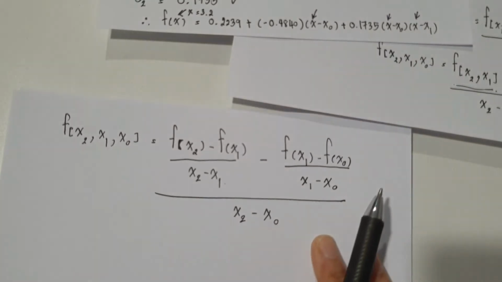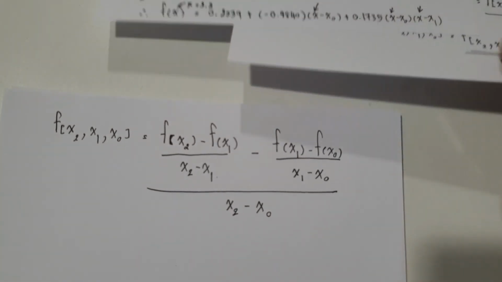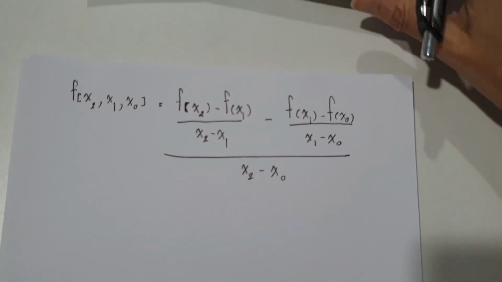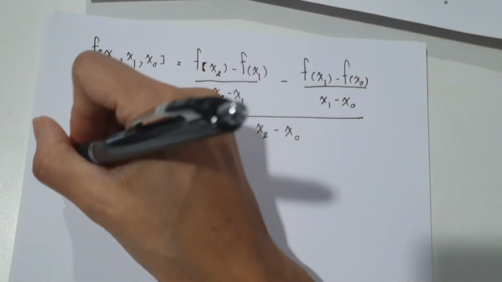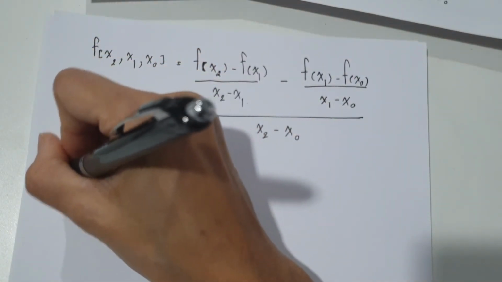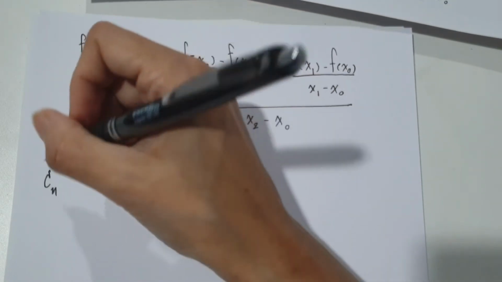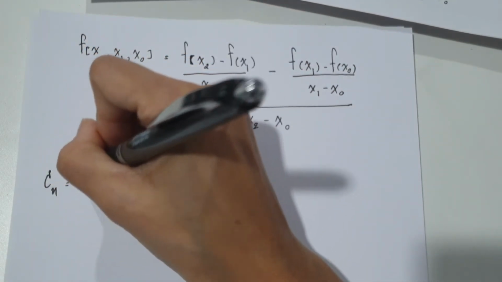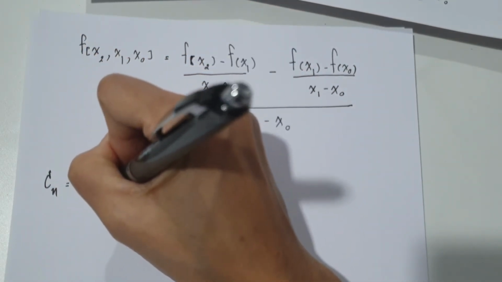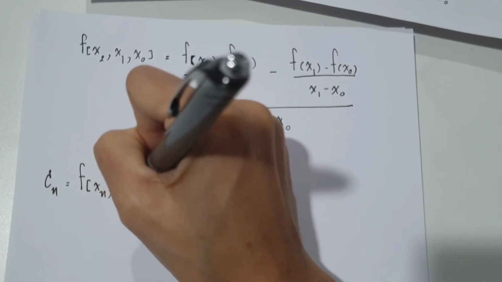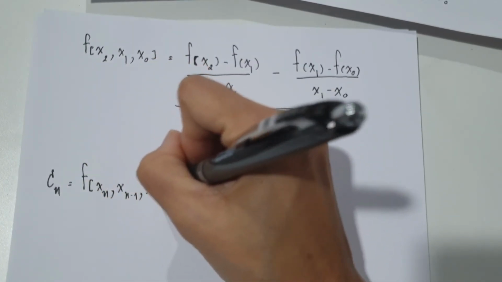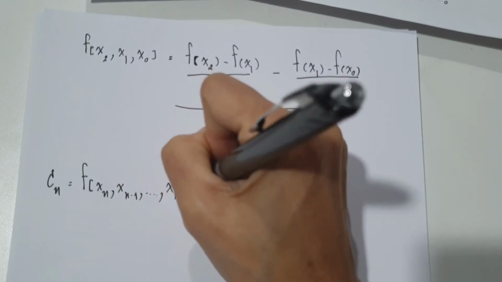Alright, so this is a general form for polynomial interpolation. And of course, you can calculate a higher degree, for example, Cn. It is like f[xn, xn minus 1, ..., x1, x0].